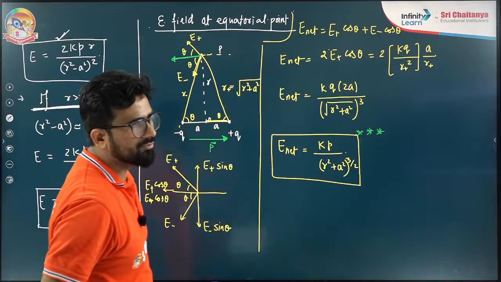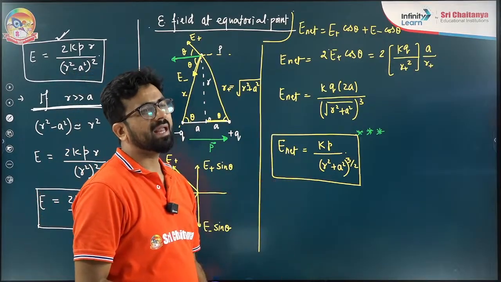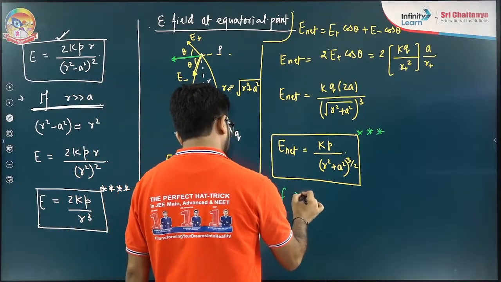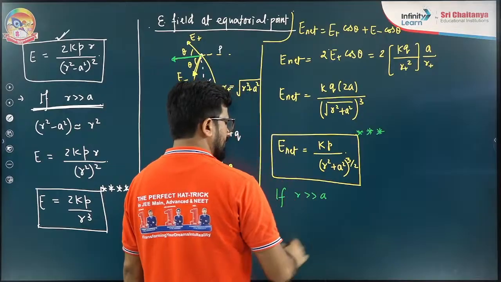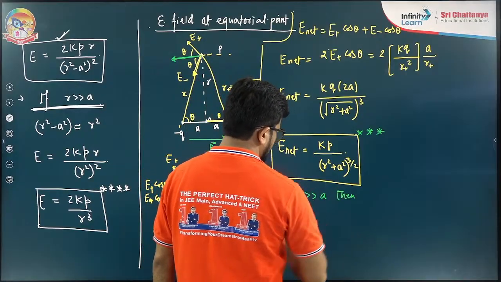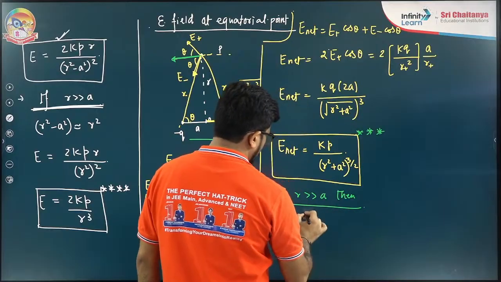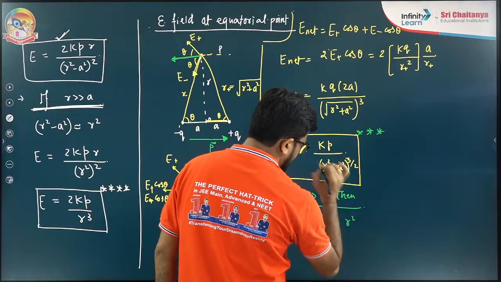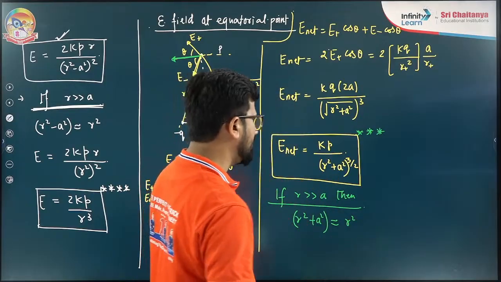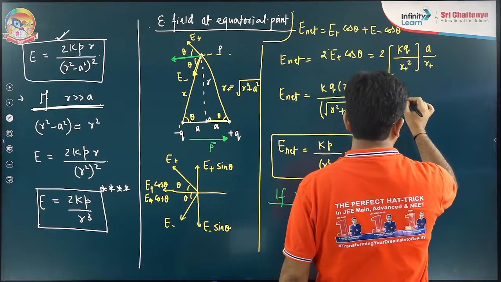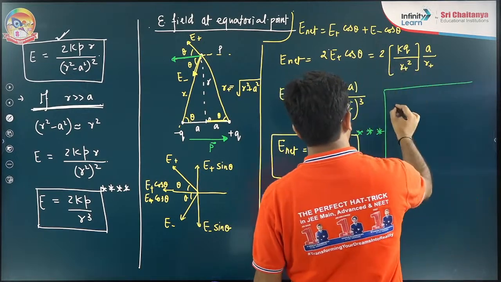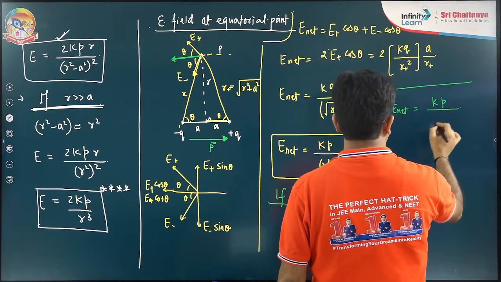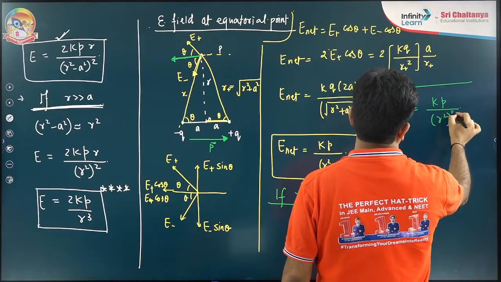Now the second question comes to you. If this R is again very much greater than A, then what will the answer be? If R is very much greater than A, then what will happen, beta? Very simple: R square plus A square is approximately equal to R square. From here you can write E net is equal to Kp upon R square to the power 3 by 2.